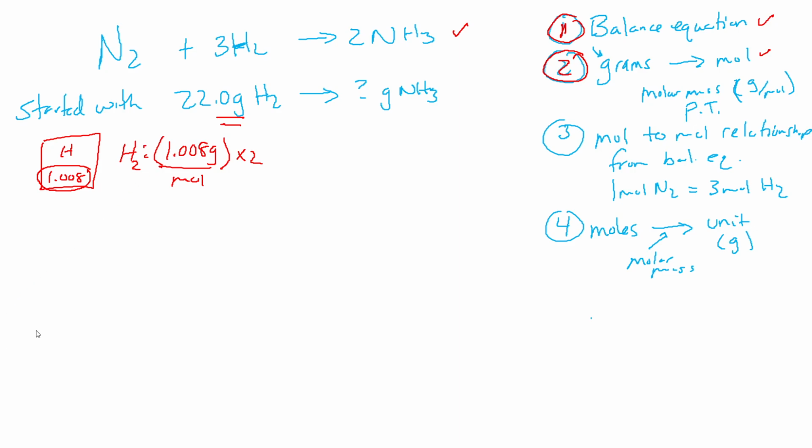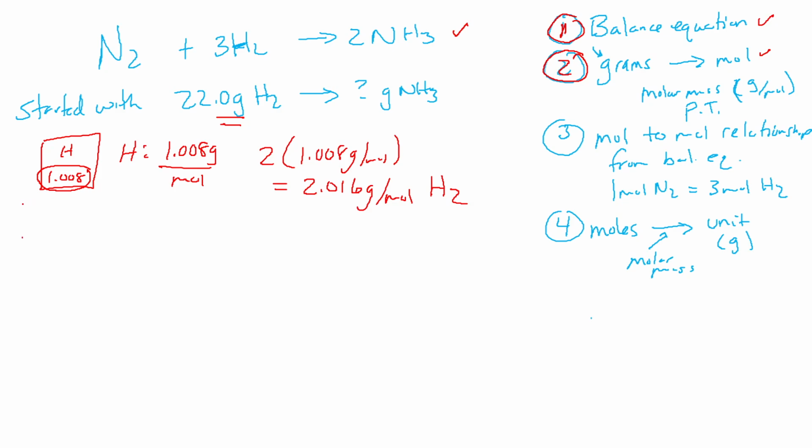Let me just write it a little better of a way. So to get it, we will go 2 times 1.008 grams per mole. And that's going to give us 2.016 grams per mole is the molar mass of H2. We are going to use that as a conversion factor.